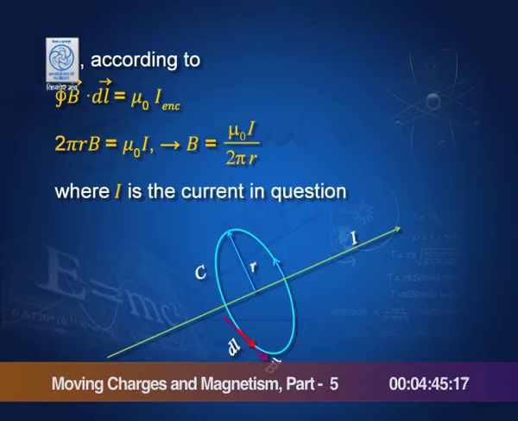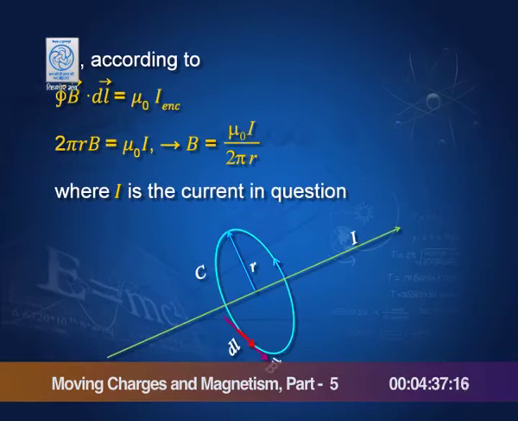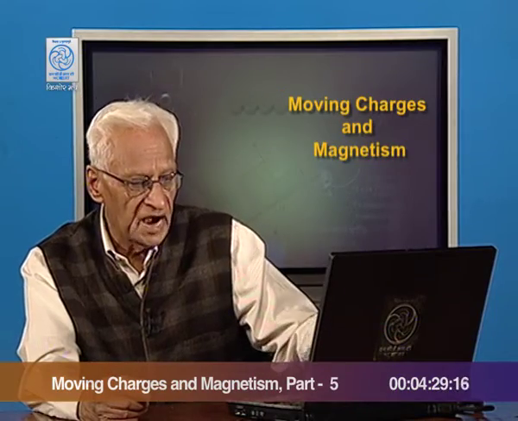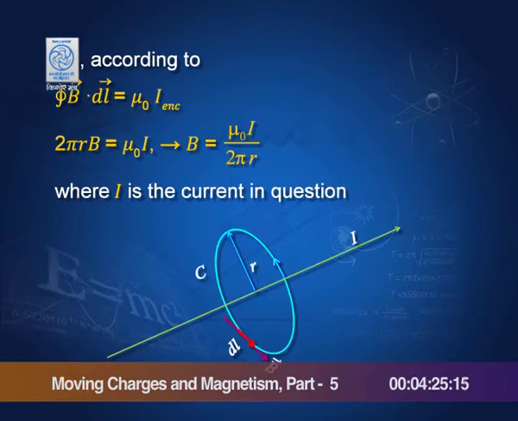In the integral B dot dl, B is constant, so I can take it out, and the integral of dl is simply 2 pi r. So, we have 2 pi r B is equal to mu 0 I, which gives B equal to mu 0 I by 2 pi r. So, the magnetic field due to a straight current is equal to mu 0 I by 2 pi r at a distance r from the current.